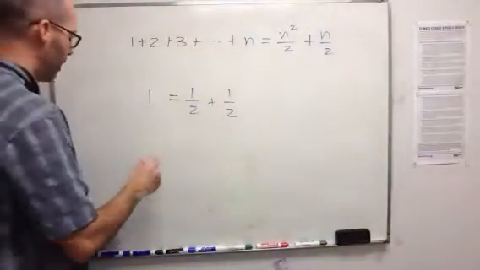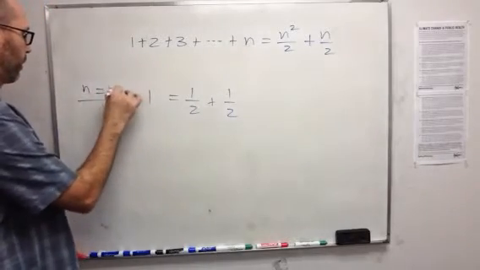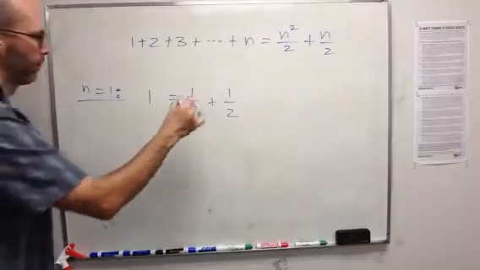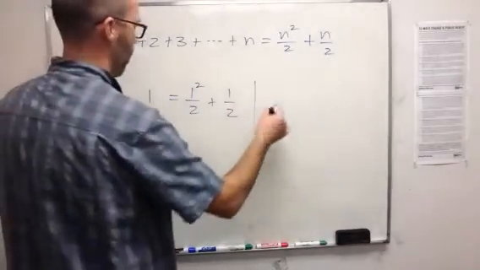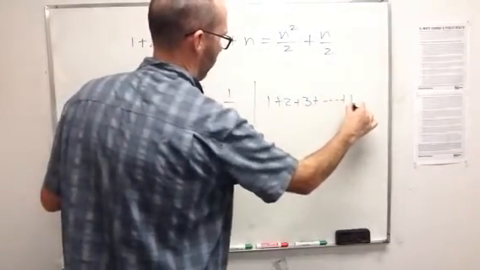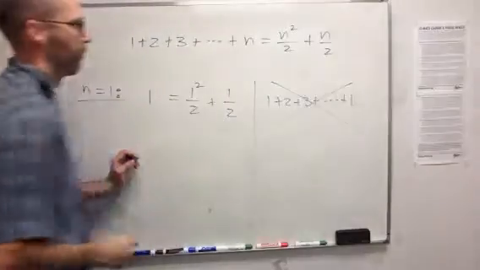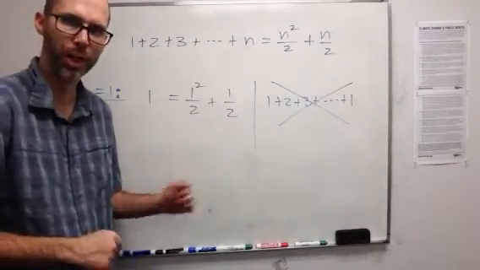Okay, this does not mean when you plug in n. If n equals 1, then this is what it's saying. A common mistake is for students to say, "Oh, okay, this means 1 plus 2 plus 3 plus 1." It does not mean that. This is why it's kind of confusing at the beginning.